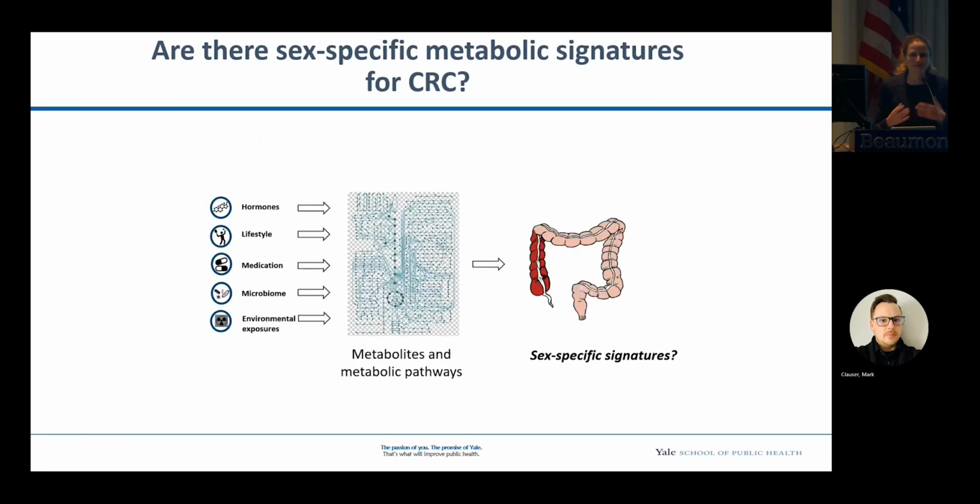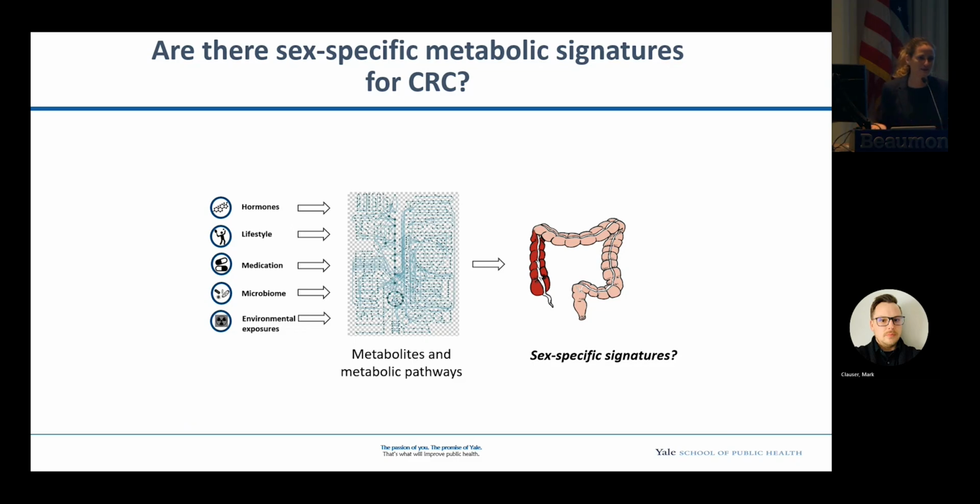So getting back to these sex differences within colorectal cancer, what could really potentially underlie this? Well, of course, we have very different lifestyle exposures in our body. So there are effects from hormones, of course. There's differences in lifestyle, even things like pregnancy is known to change your metabolic profile.